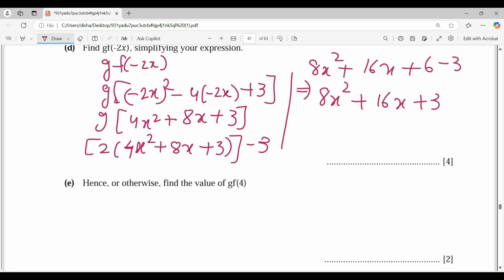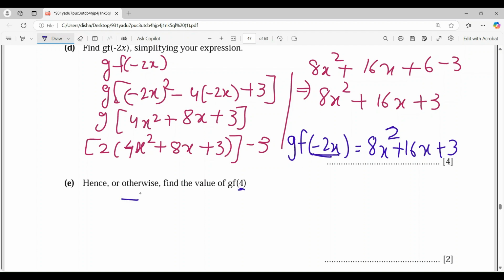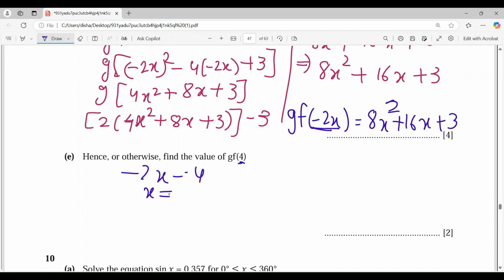Hence or otherwise find the value of this, g of f of 4. So I have g of f of minus 2x is equals to 8x square plus 16x plus 3. So now I want to find g of f of 4. So that means if I compare, minus 2x is equals to 4. So x is equals to minus 2.